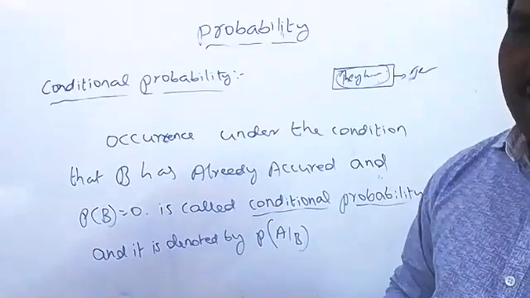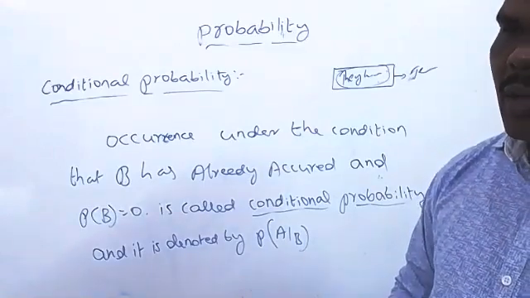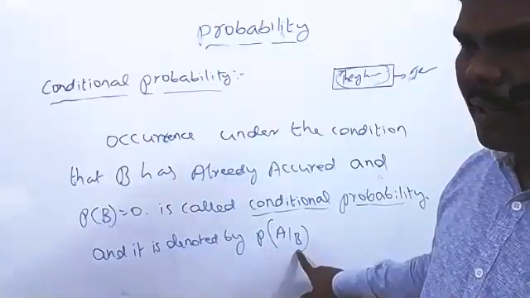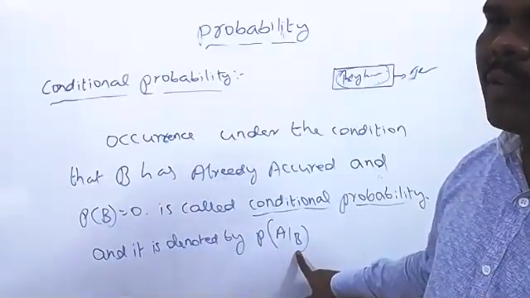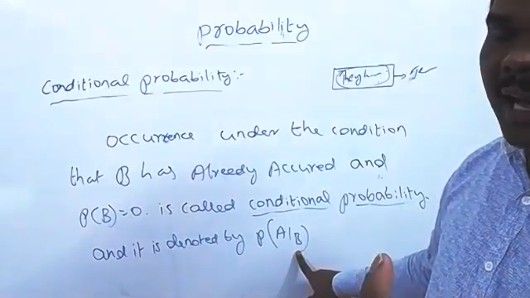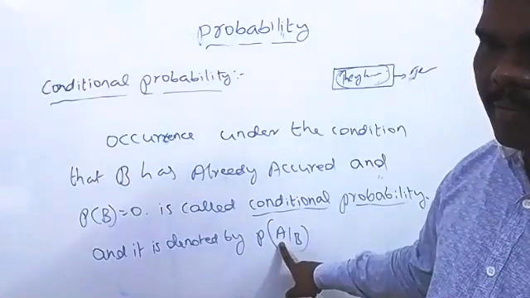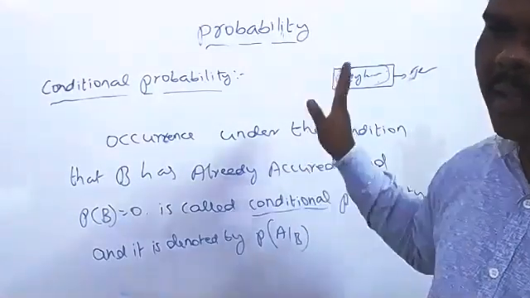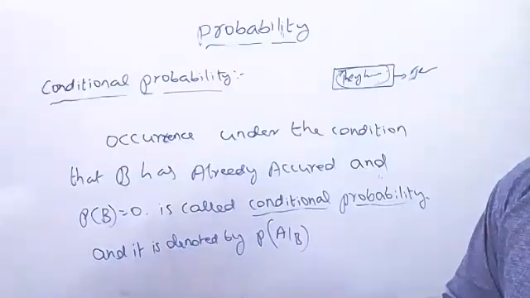That is what we call conditional probability, denoted by probability of A by B. The head is like the parent, that is A, and under the parent some kids will be there, that is B. Clear now?